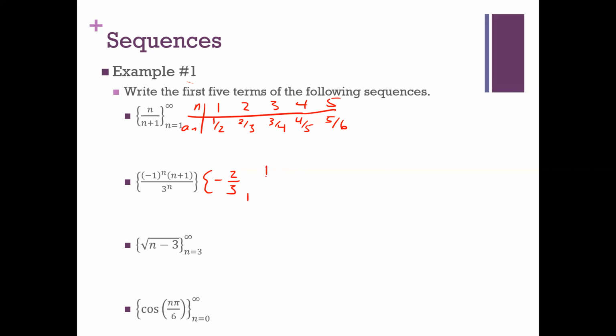Oh, yeah, you simplified it for me. So it should be negative, right? Negative 4/27. I'm going to leave this one unsimplified so I can talk about something else.